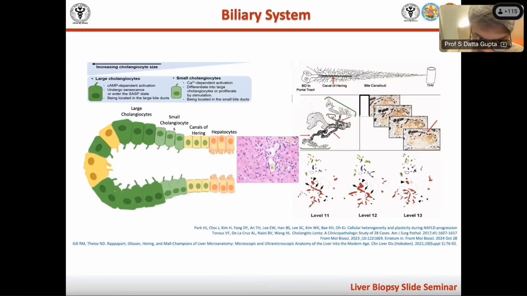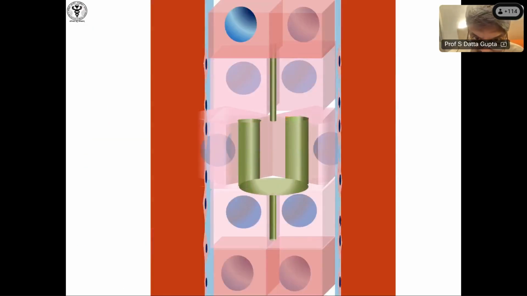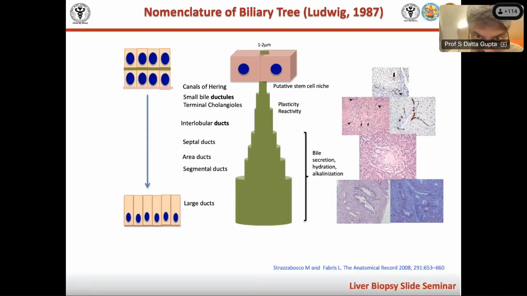Canaliculi are only hepatocytes. The cells lining canals of Hering and all, they can regenerate to form hepatocytes. So this is how there is a hierarchical system: canals of Hering, ductules, interlobular ducts, and septal ducts, area ducts, segmental and large ducts.